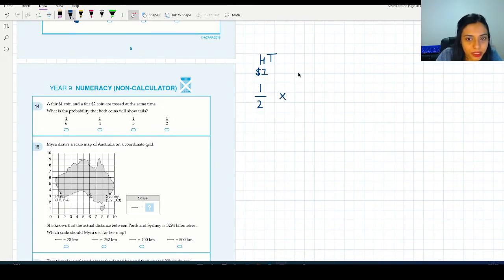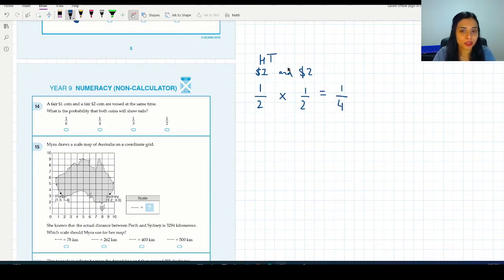And then the probability of getting a tail on the $2 coin is also half. So you can multiply them together because you want to have tails and tails. So anytime you want 2 outcomes together, we multiply their probabilities. So that's going to be 1/4.